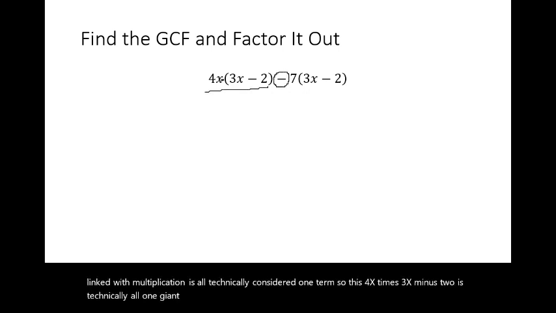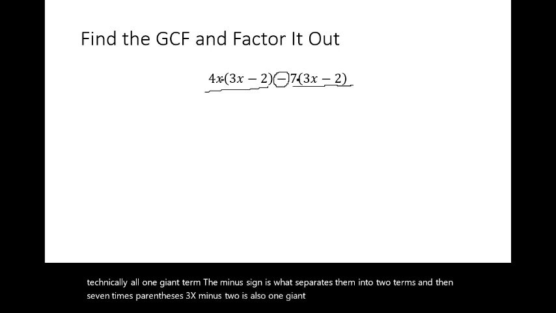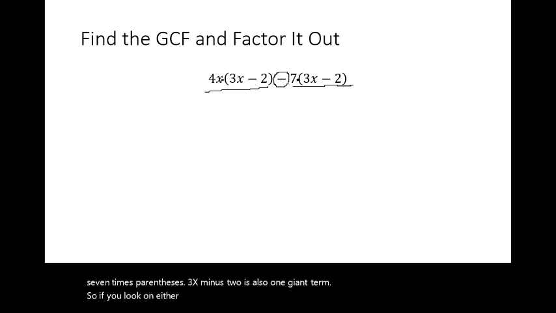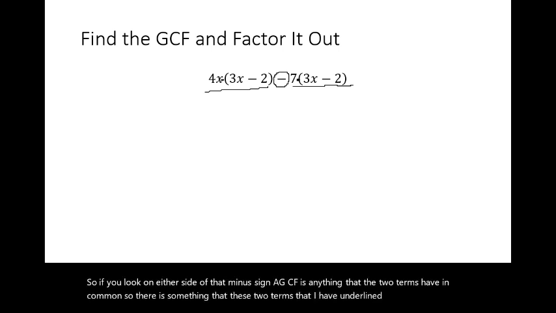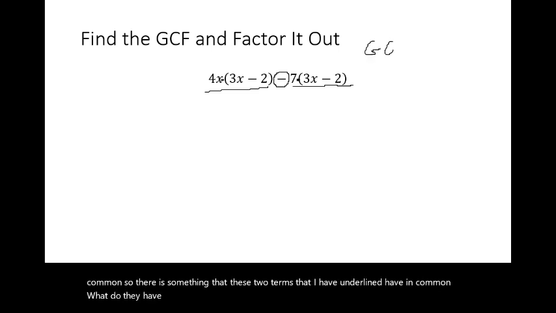The minus sign is what separates them into two terms, and then 7 times parentheses 3x minus 2 is also one giant term. So if you look on either side of that minus sign, a GCF is anything that the two terms have in common. So there is something that these two terms that I have underlined have in common. What do they have in common? Well, they have this parentheses 3x minus 2 in common.